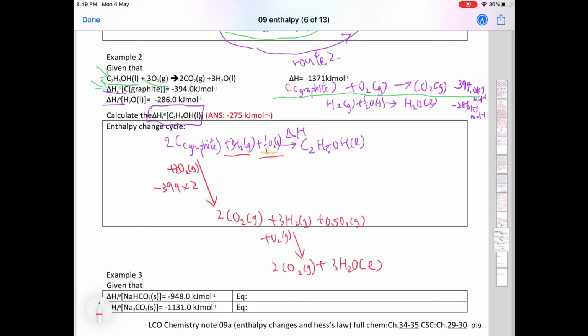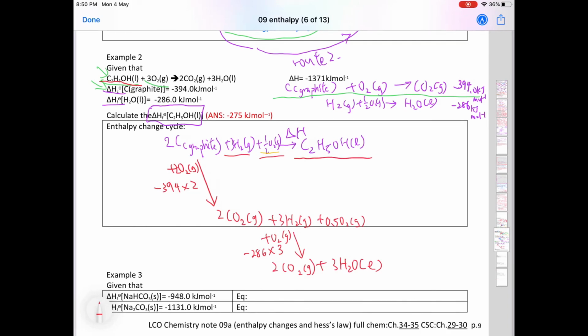And finally, it's about the enthalpy change in this process: we undergo the formation of water 3 times, so the enthalpy change will also be 3 times. Is it okay?